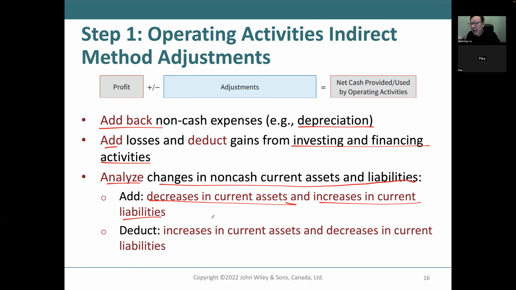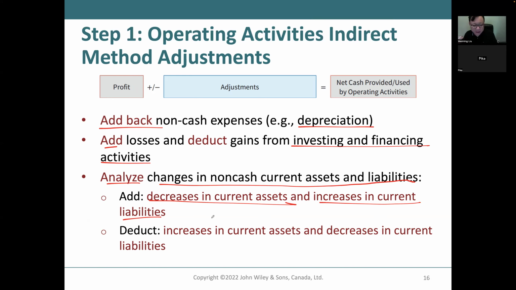So that's why you need to add this cash. Increase in current liability: if your liability increased, that means you didn't pay using cash. You owe more money, so you are saving the cash. That's why you have to add the cash.